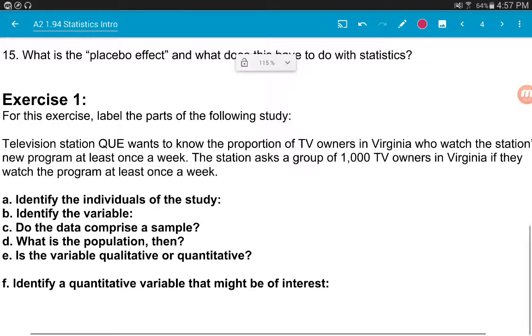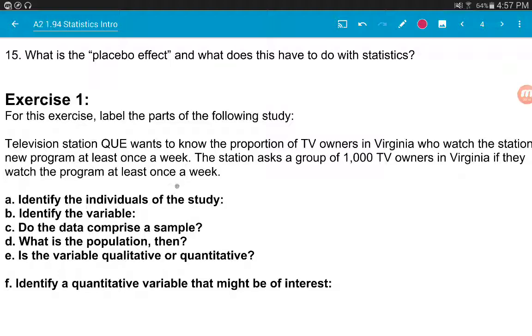So the individuals in the study, this is what we're talking about. We're talking about the people that are being studied. So who's being studied is what question A is asking. So the answer is 1,000 TV owners in Virginia. The variable is television show viewership.